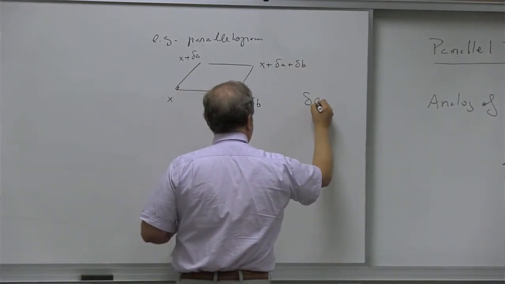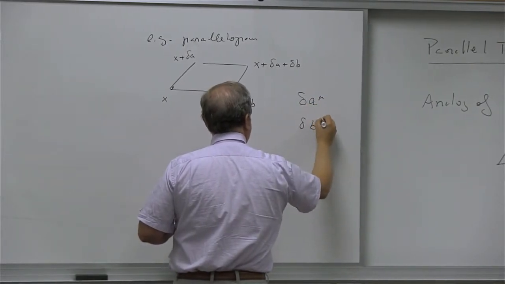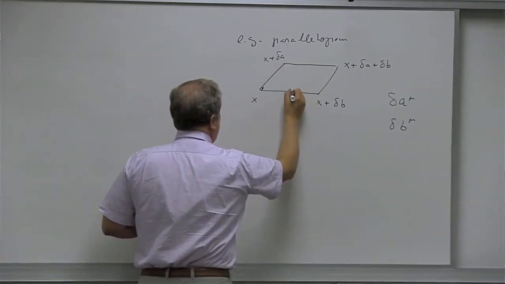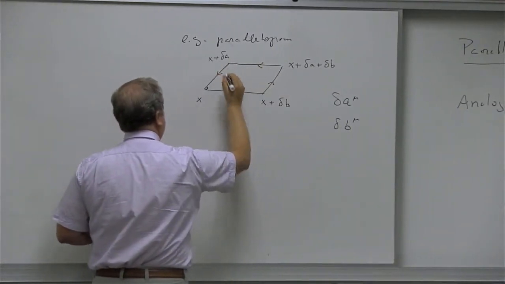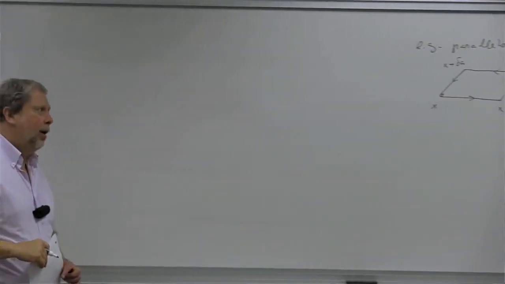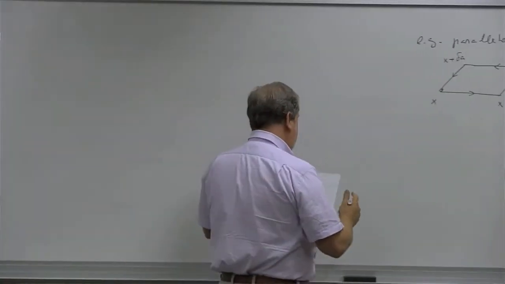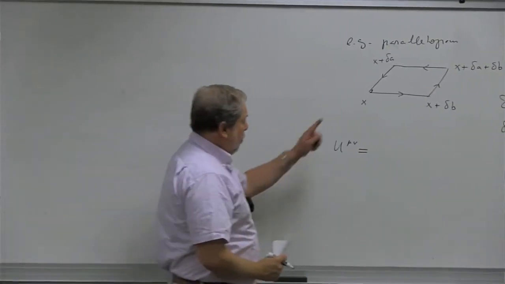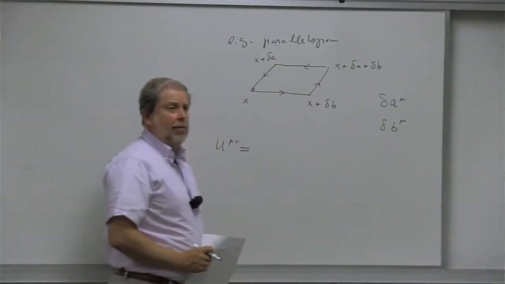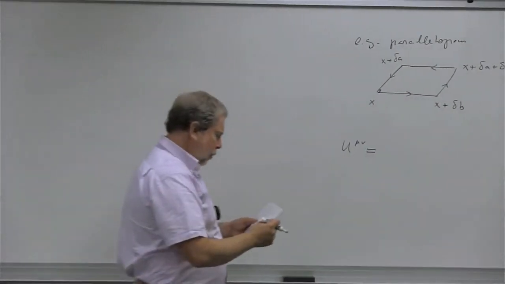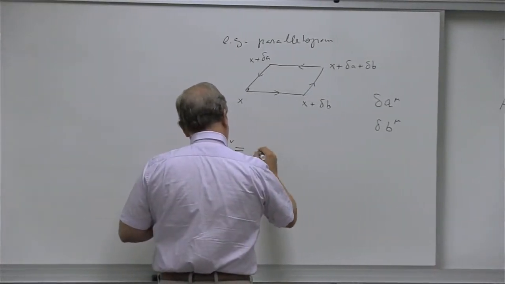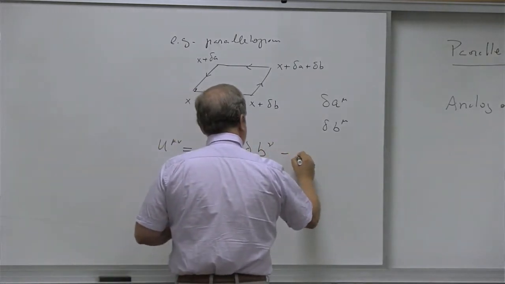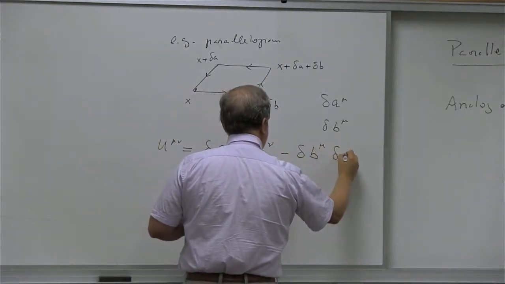So we have dA mu, and we have dB mu. If you look at a parallelogram like that, then you're doing the line integral along this path, right? And you can evaluate that, and the result is that U mu nu, again, it's an exercise by which you evaluate each of those legs individually, and then you add them up to get the integral, and this is equal to dA mu dB nu minus dB mu dA nu.